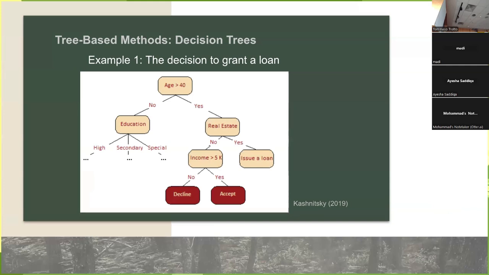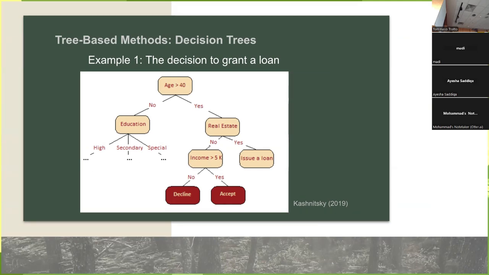So one simplest tree-based model is decision trees. This mimics the decision process in real life. For example, some bank manager may have to make a decision of whether she needs to grant a loan to someone, and she might look at the age first. If the age is larger than 40, maybe she thinks this person doesn't need a loan.